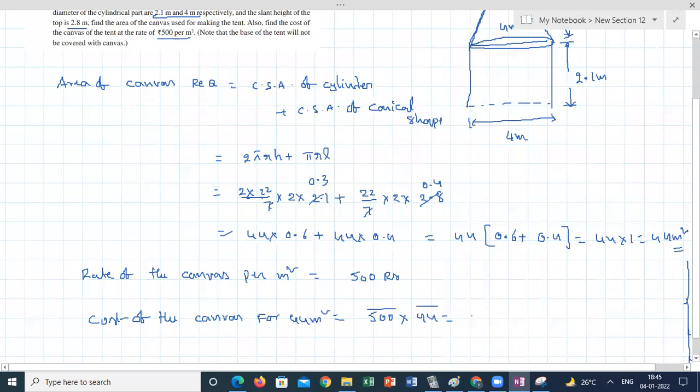What is the total cost? So 22,000. 22,000 rupees is the total cost of the canvas required to build the tent.